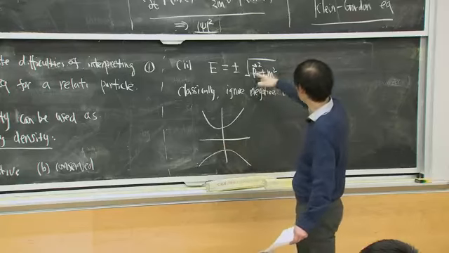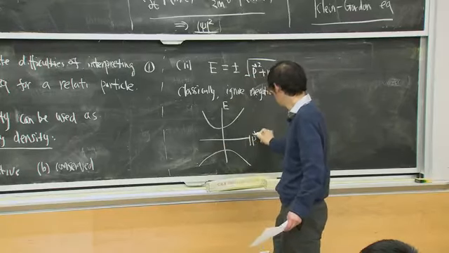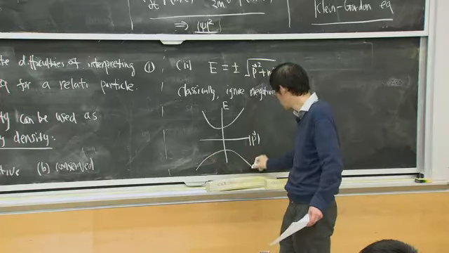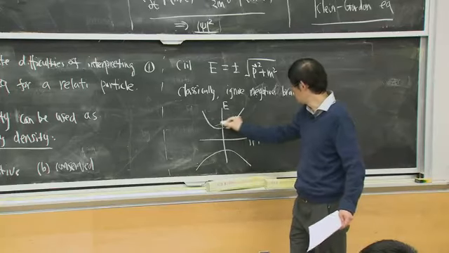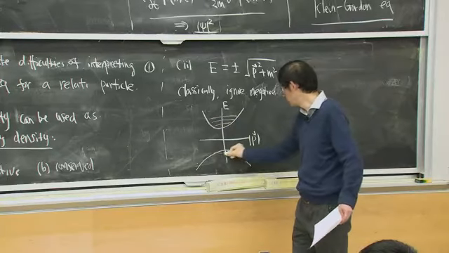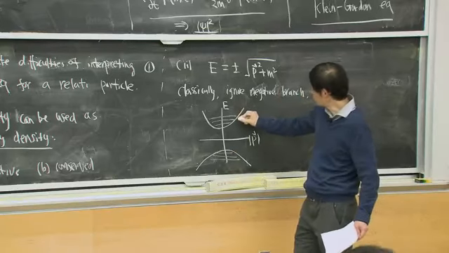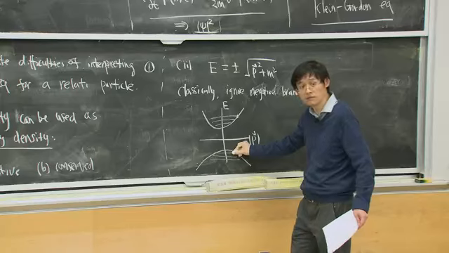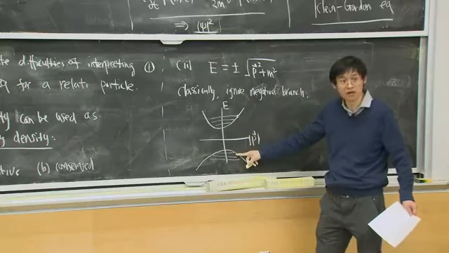That dispersion relation has the following form: E as a function of P. So you have a positive branch, then you have the negative branch. And you remember in quantum mechanics, you have energy levels. A particle here has a higher energy than a particle there.